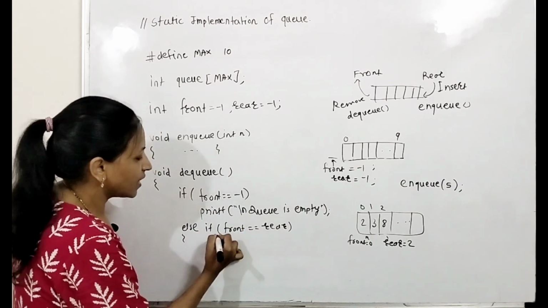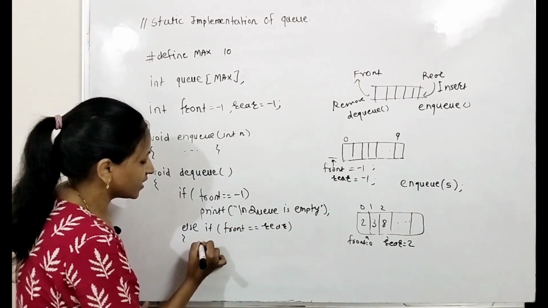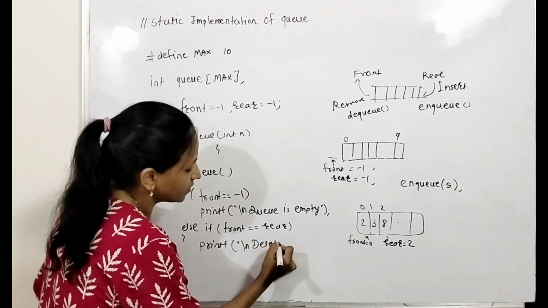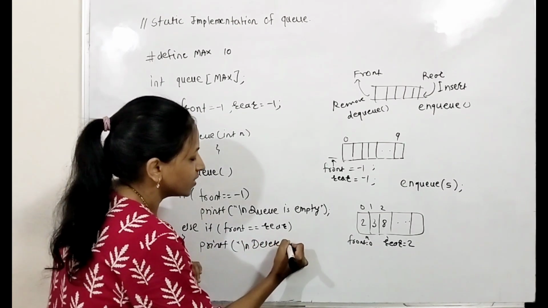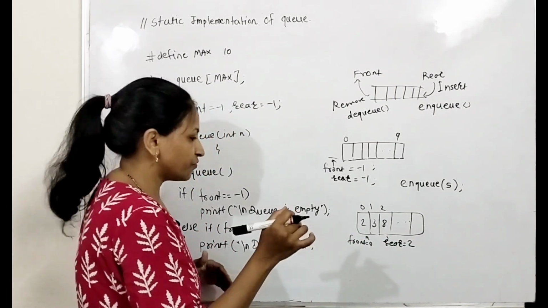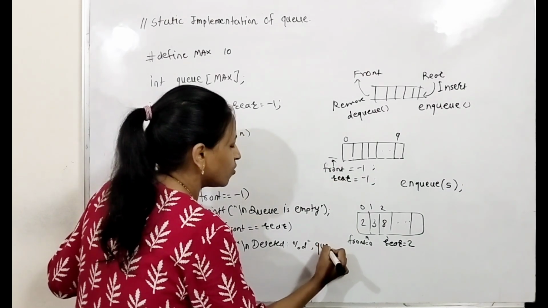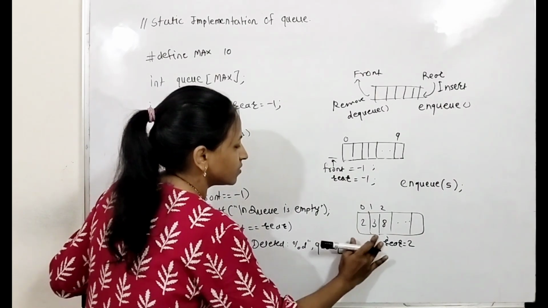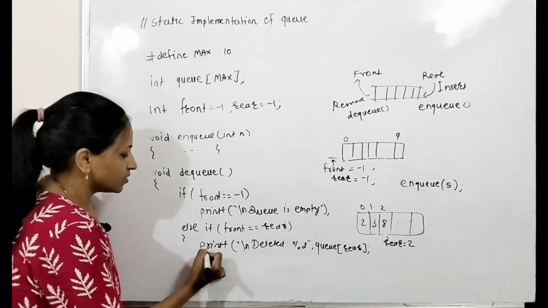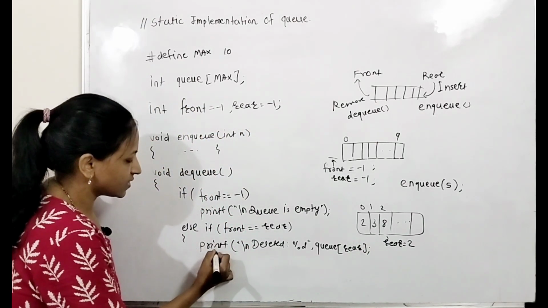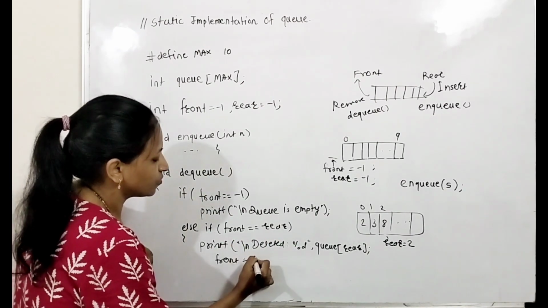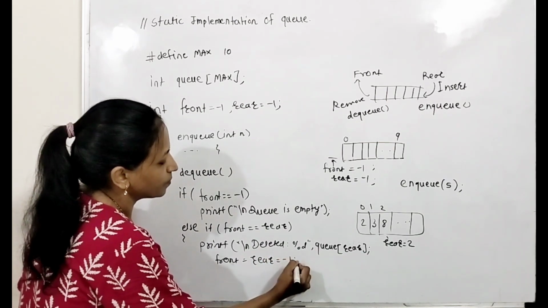Simple: front equal to rear means there is only one element, so we display the removed element, printf deleted or DQ'd element, %d, comma whatever element is present at rear, that is Q of rear. Now here we just assign -1 to both front as well as rear, like front equal to rear equal to -1.